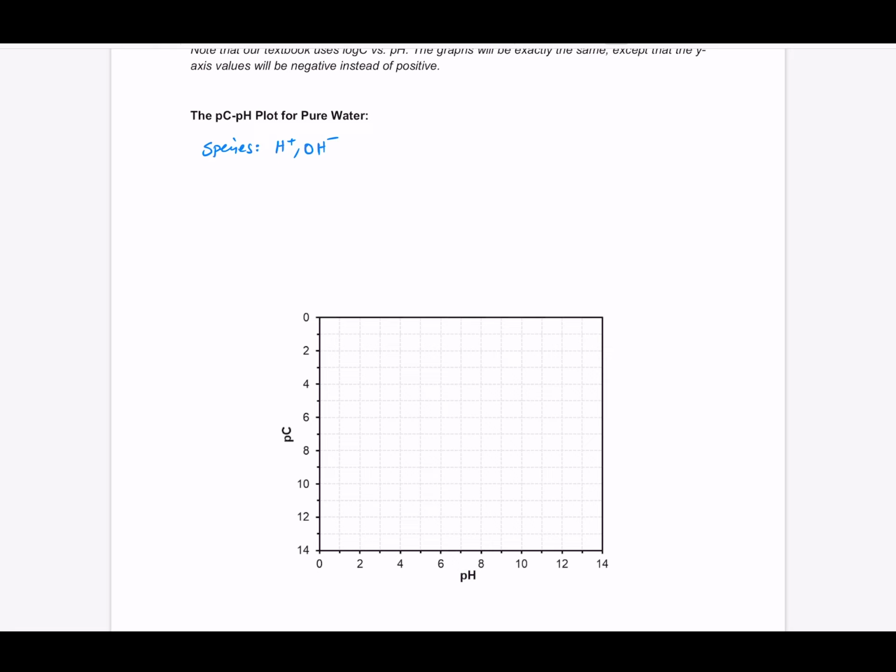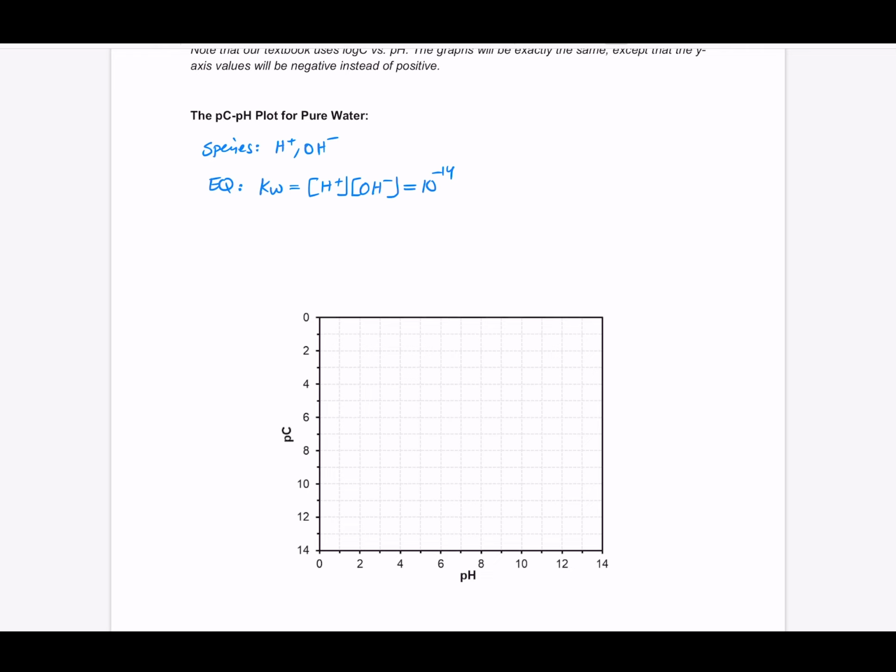Based on the equilibrium, we know that Kw is equal to the concentration, or to be more accurate the activity, but here we use concentration, of OH times H plus, which at 25 degrees C is 10 to the minus 14.